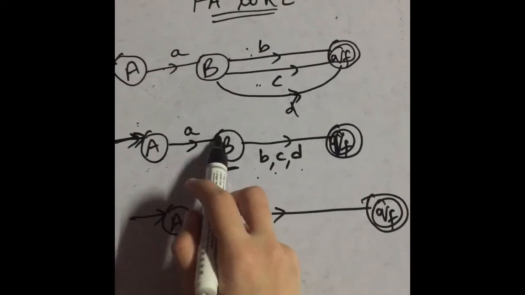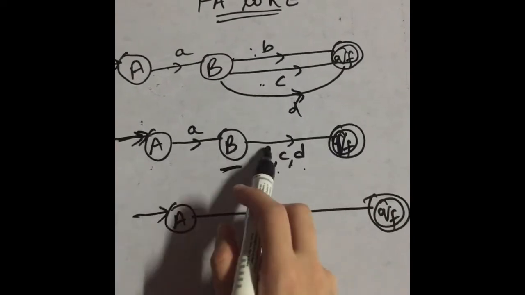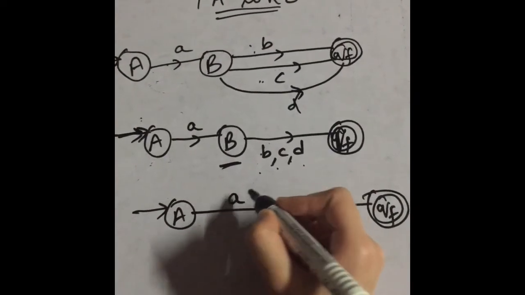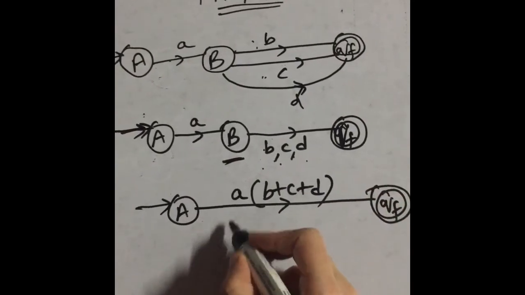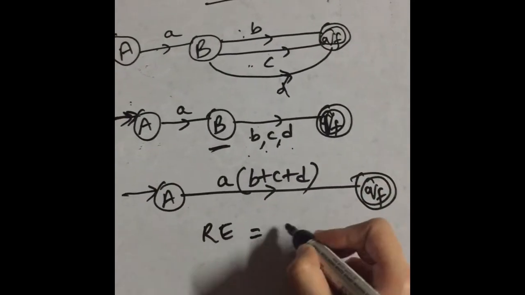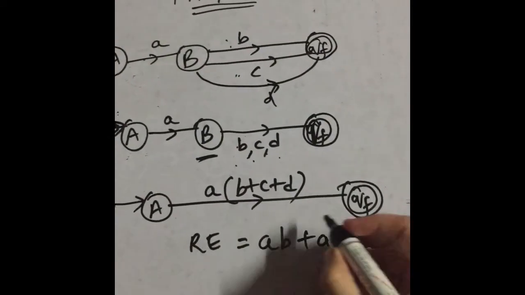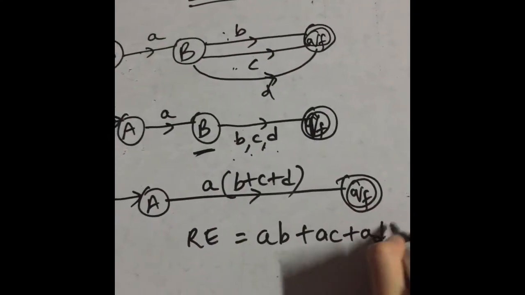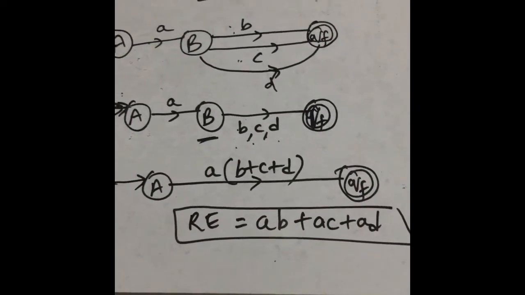It is nothing but a dot b plus a dot c plus a dot d. So this is my regular expression ab plus ac plus ad. So this is the final regular expression ab plus ac plus ad.